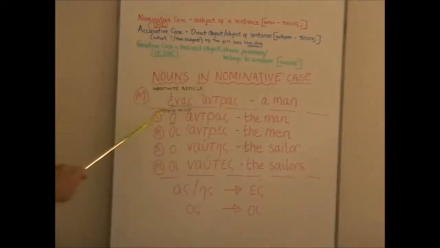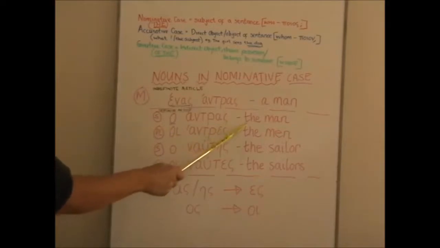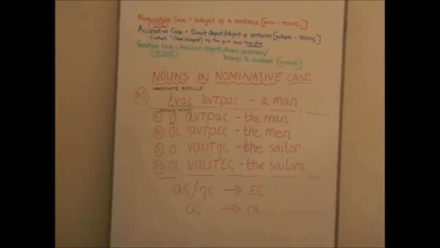Now we're going to speak about the definite article, which in masculine nominative is o in singular, the man, o andras, the man. So now we're beginning to speak and write in Greek.